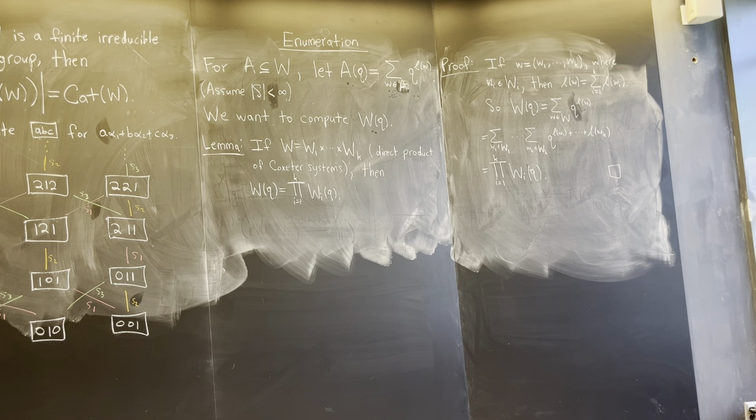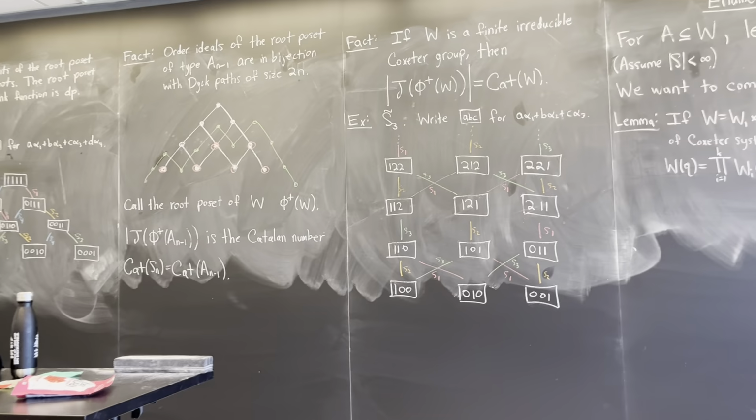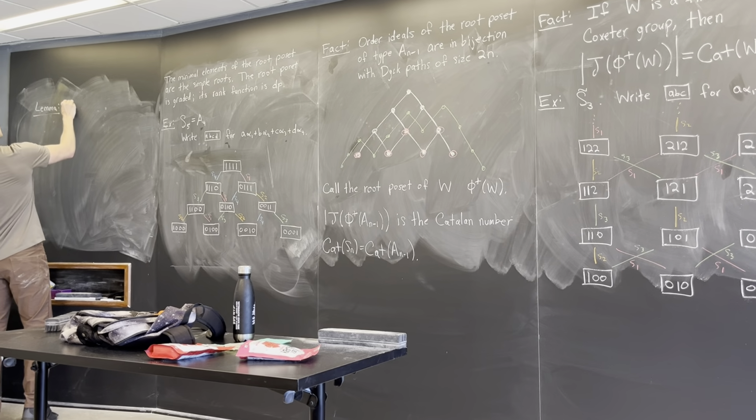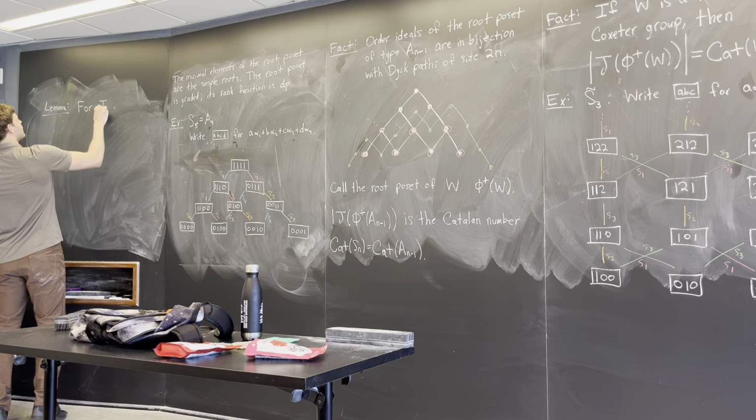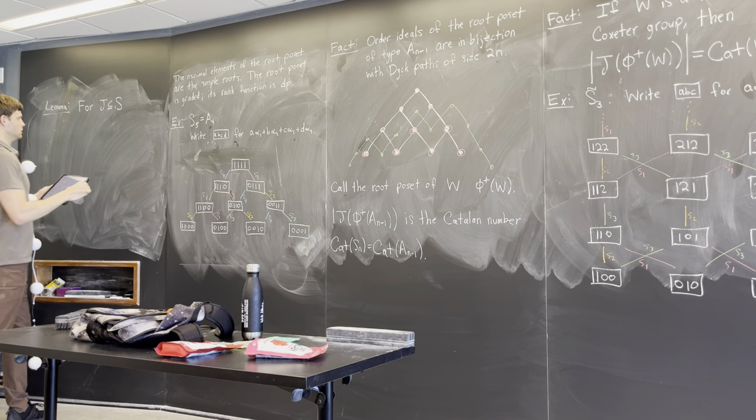So here's another lemma, which is a little bit less trivial. Let's say we choose some subset J of our set of simple reflections.